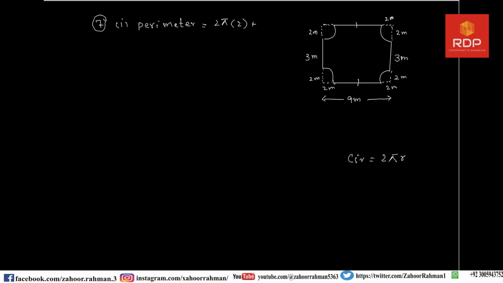into 2 into 5. How? We have to find this side. The total is 9. This 2 and this 2 meter will be subtracted.